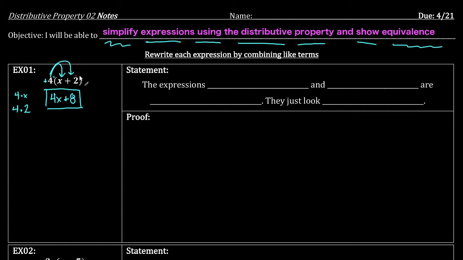All right, so remember, we can't forget that this expression here and this expression here are equivalent. They just look different. So the expressions 4 times (x plus 2) and 4x plus 8 are equivalent.